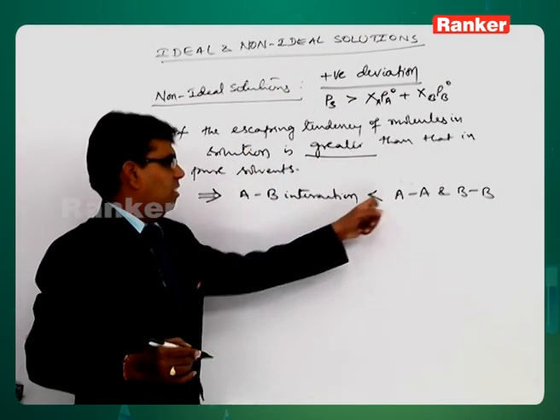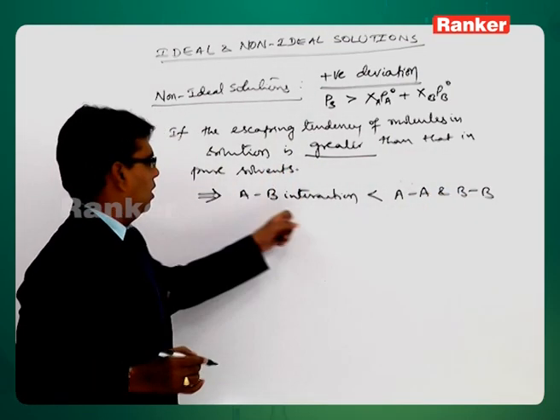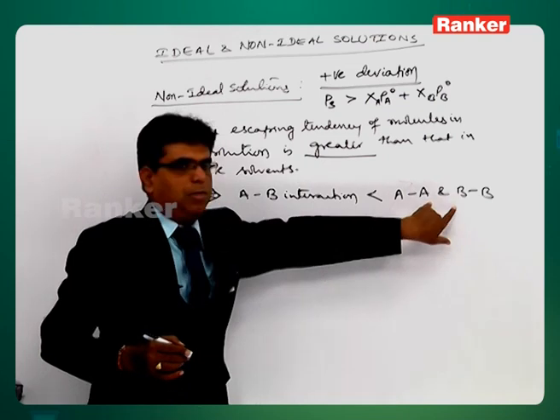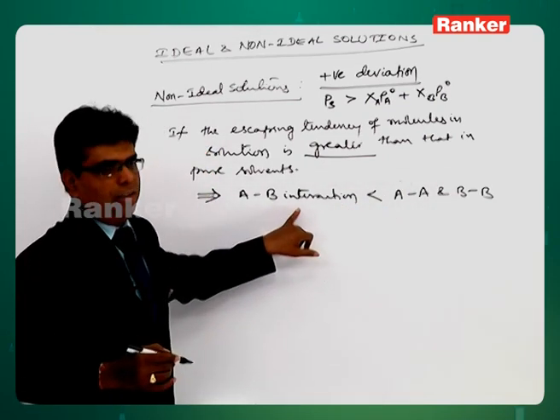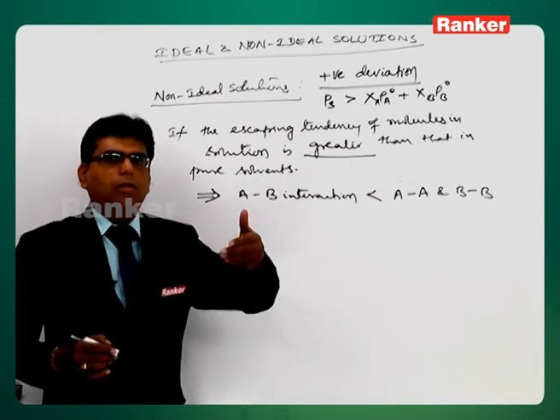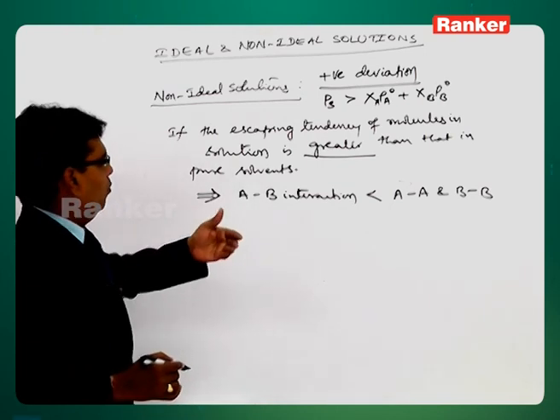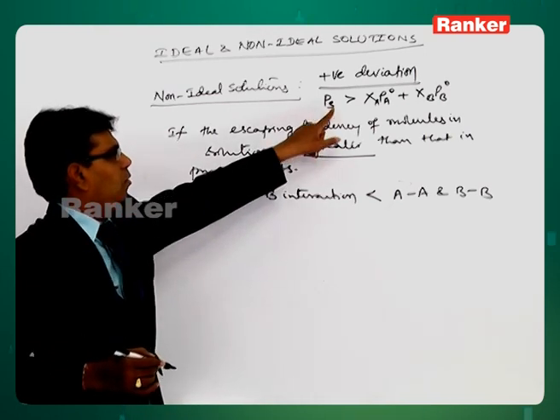AB interaction is less than the AA interaction and BB interaction. In this case, when AA interaction and BB interaction are more than that in AB interaction, what happens is that both A and B will try to escape out. When A and B are escaping out more, obviously the pressure will be more.